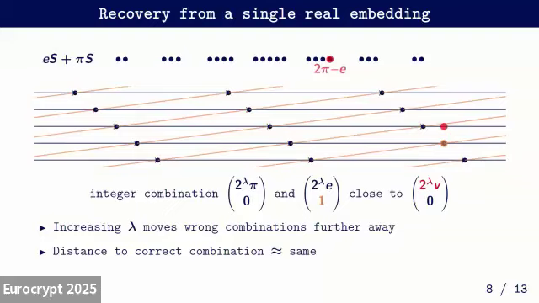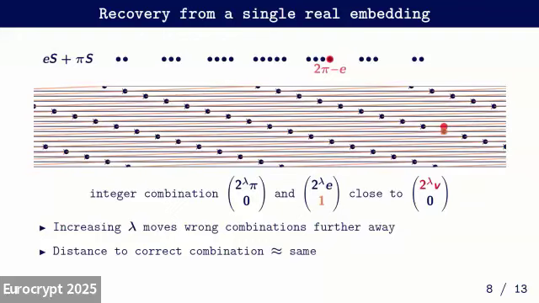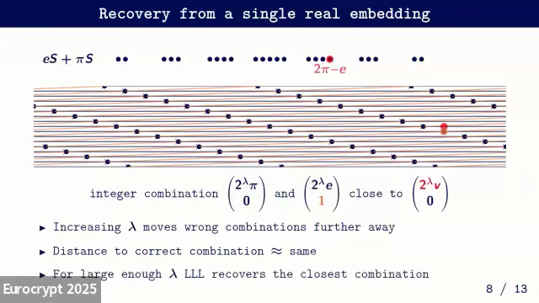It will stay at the same distance. Now the room on my slide is used up, so I will have to zoom out a bit, and we're going to stretch it a bit more. And at some point, the point we want to find, this good combination, is going to be the closest point to our target point. In fact, if you make this scaling factor large enough, LLL, lattice reduction, is enough to recover this closest lattice point.